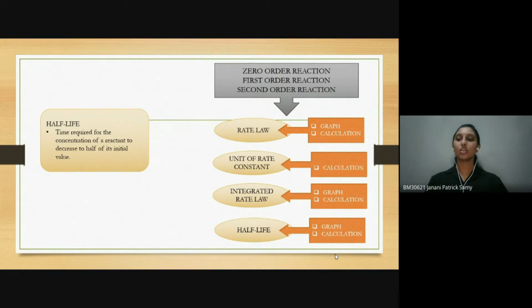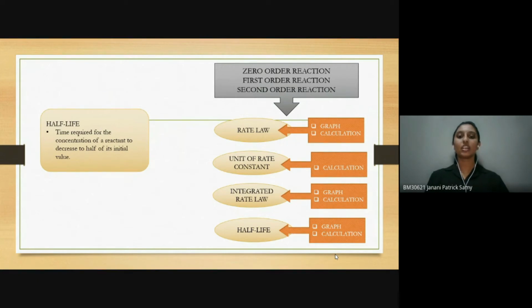Next is the order of reaction. There are three types of order of reaction, which are zero order reaction, first order reaction, and second order reaction. Each order of reaction consists of rate law, unit of rate constant, integrated rate law, and half-life.